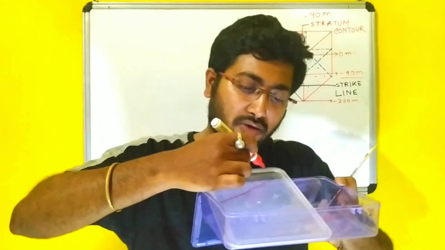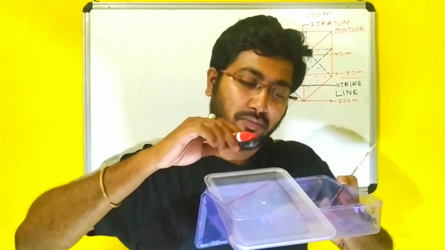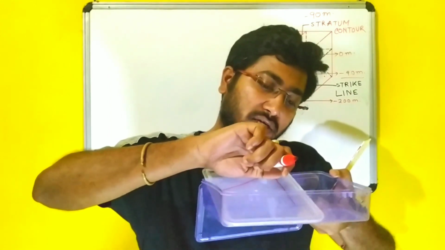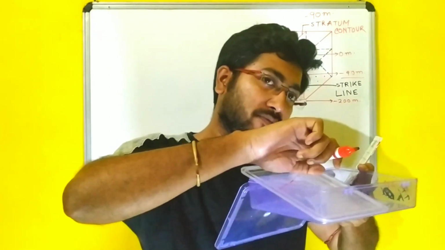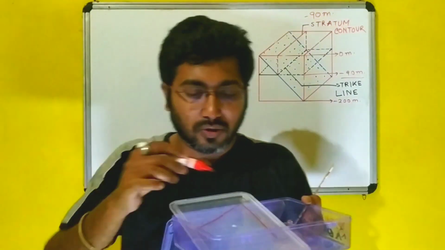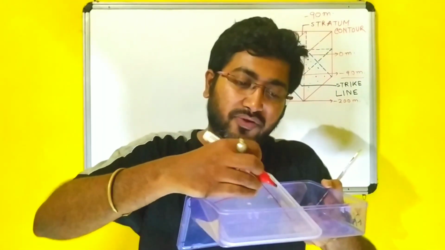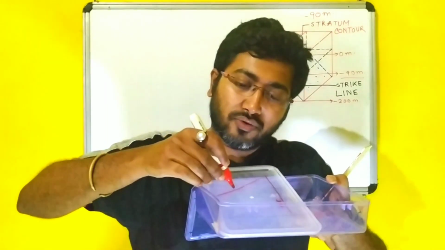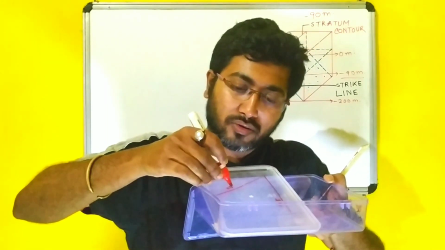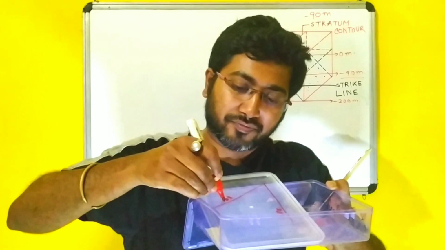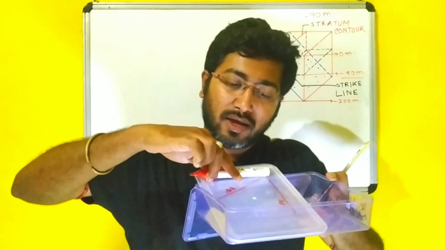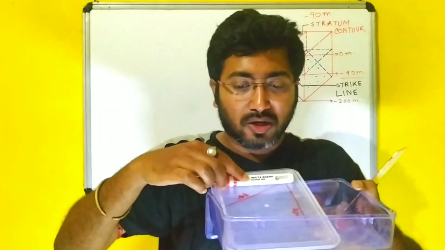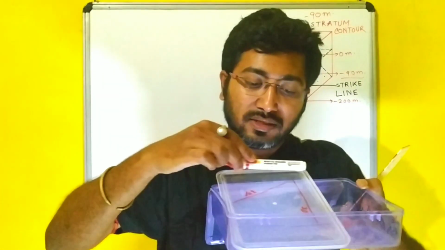True dip means you have to measure it, this is the true dip direction, this is the horizontal here, so this angle will be the true dip. So by this way, suppose here the dip is 30 degree, here it will be 15 degree.